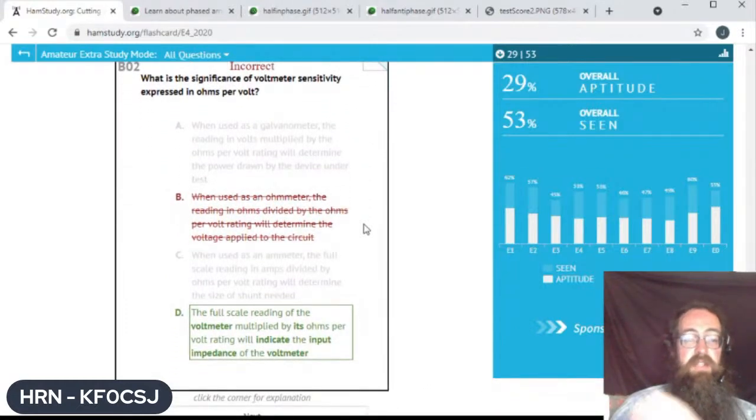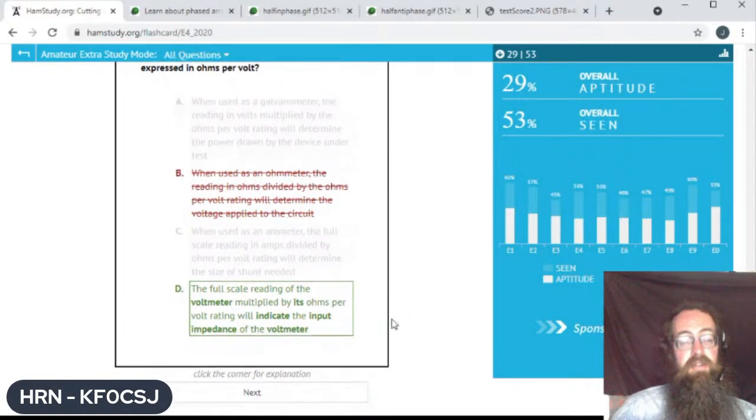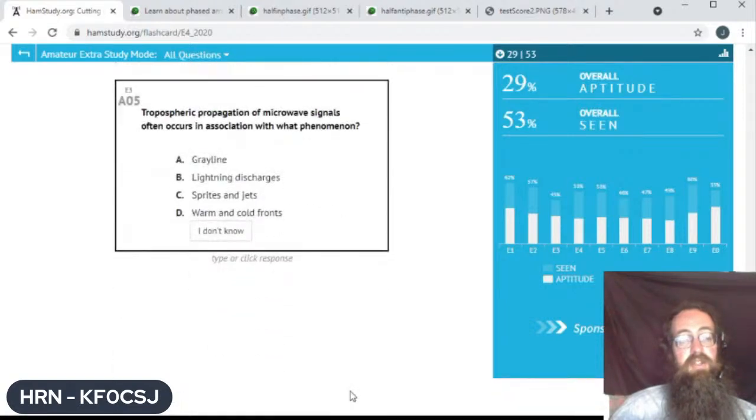And again, this is the one that should have caught it: voltmeter is common, both in the question and in the answer. And yeah, I brought that up earlier today. If they have common words in the question and the answer, that's usually the right answer.